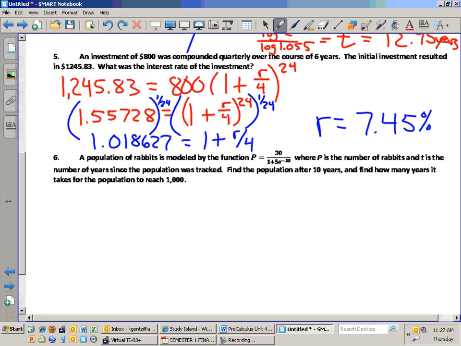I have used this when my mortgage people sit there trying to calculate how much money I have to put down in order for this to work out to such and such a number. What they do is guess and check on their calculator. They're pretty good at it because they do it a lot, but they never come up with the exact amount. I say, well, here's how you do it.